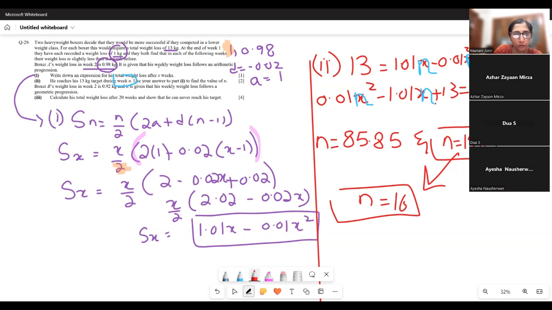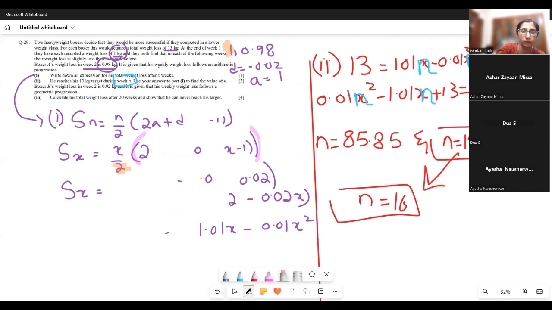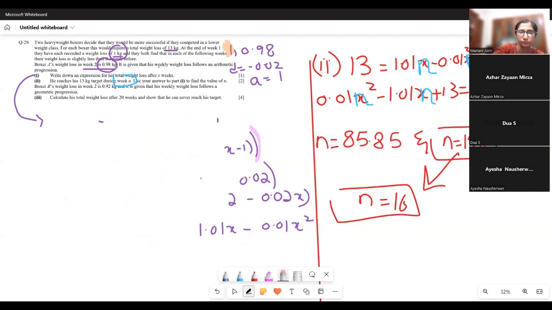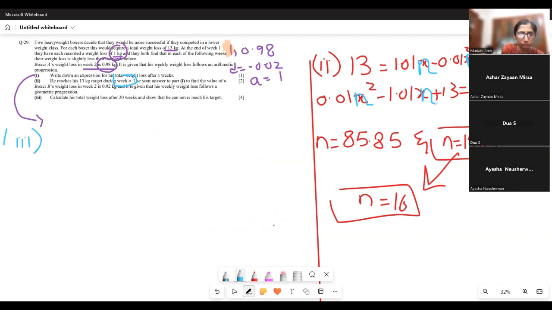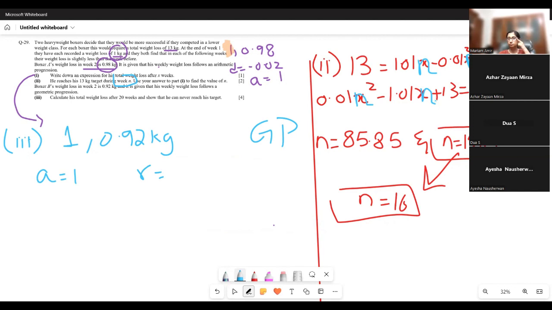Box B: weight loss in week 2 is 0.92. Okay, so let's write the data for box B. In the first week, 1 kg is lost. In the second week, 0.92 kg is lost. And it is given that this is a GP. So if it's a GP, a is 1 and r is what? 2?